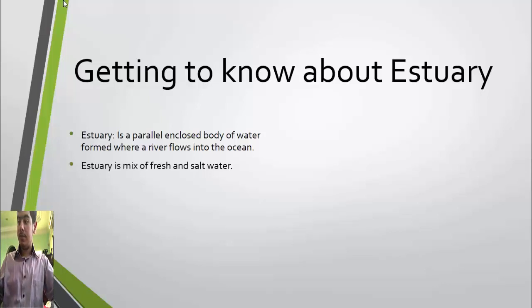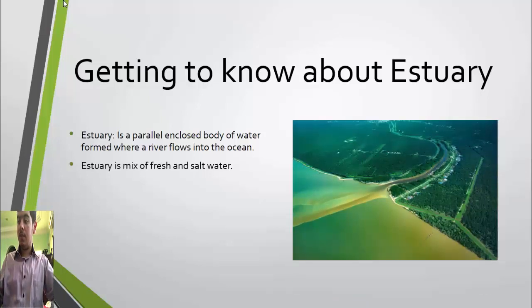So this is a picture. Let's find the estuary here. Here it is. This is where the estuary is located, in between. There's fresh water and there's salty water, so it is formed in between. There are places like that, for example the Nile River.